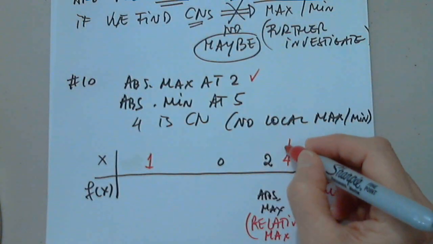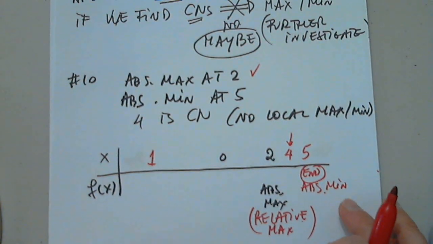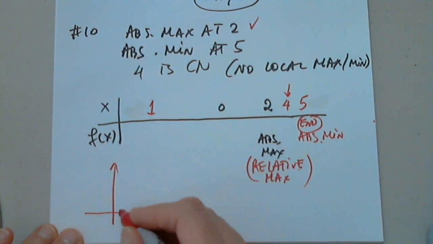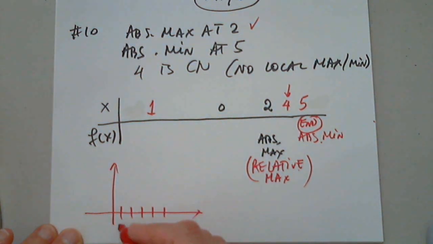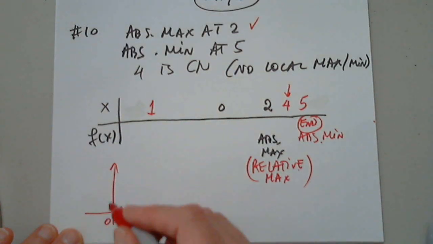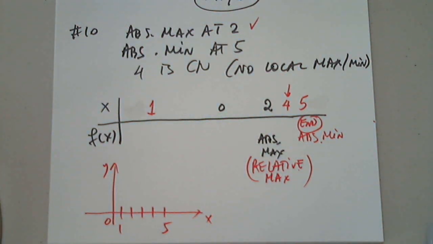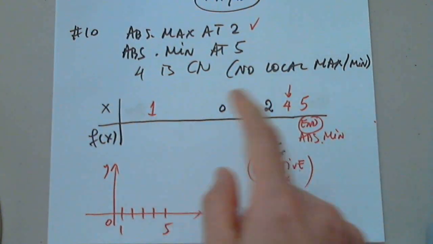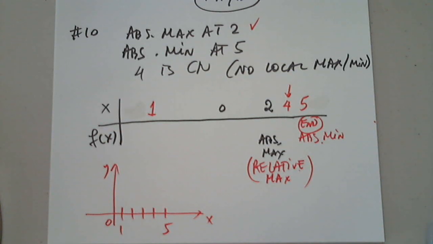So let's see how we do that. Perfect. So let's graph 1, 2, 3, 4, 5, between 1 and 5. They didn't say anything about 1, and they don't have to say anything about 0. I just always like to put 0 in the table.